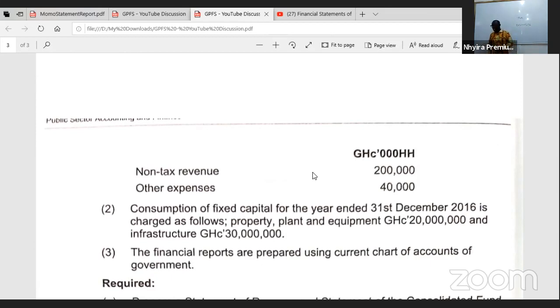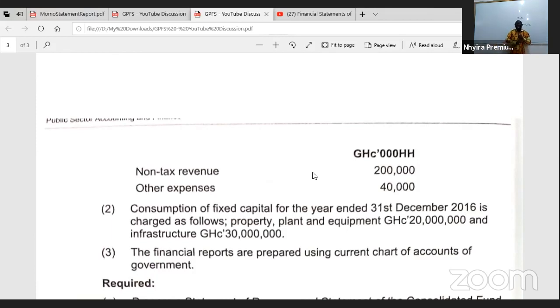Then note 3 said the financial reports are prepared using the current chart of accounts of government. So the current chart of accounts of government is where we are classifying the items into various headings, looking at direct taxes, indirect taxes, non-tax revenue, grants, social benefits, other tax revenue.